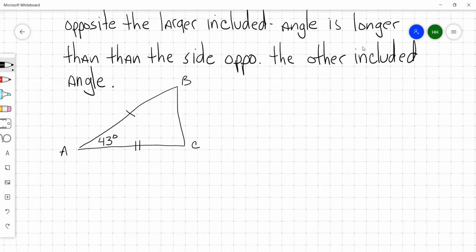And then you've got another triangle, FEG. And FE is congruent to FG. And then angle F is 30 degrees.